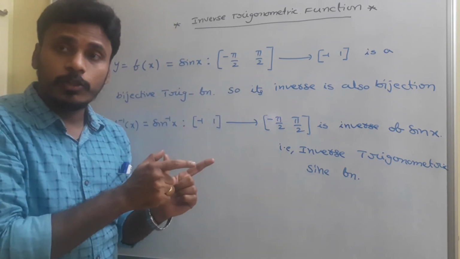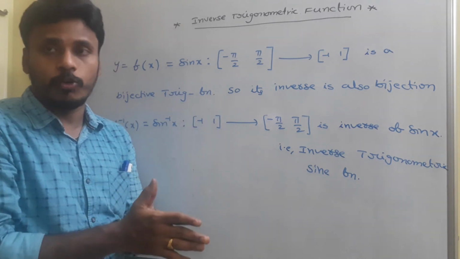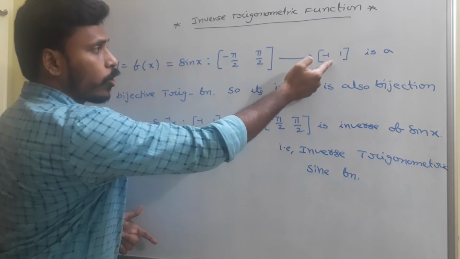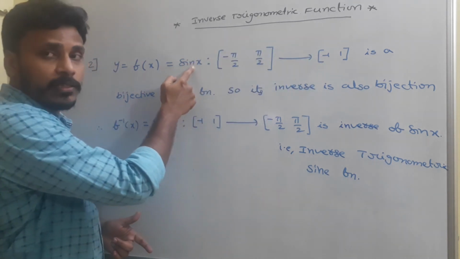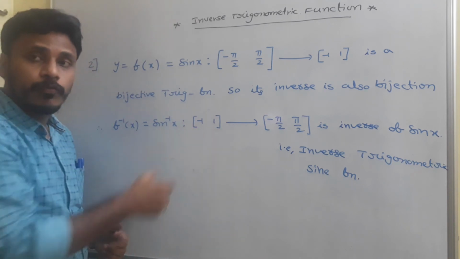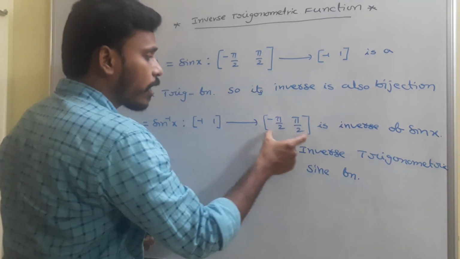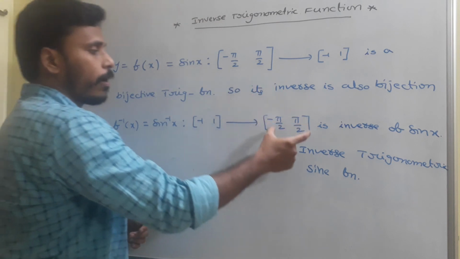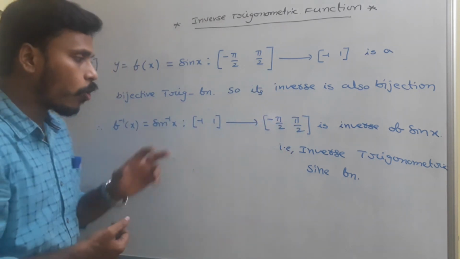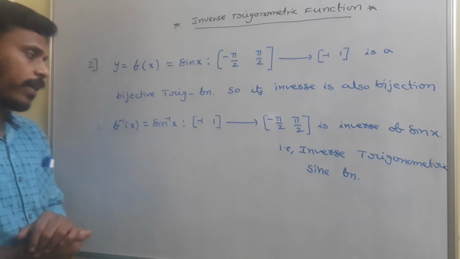Since it is a bijective function, its inverse is also a bijective function. So its inverse is simply: the codomain of the function sin x will become the domain of this inverse. So now the domain is from minus 1 to 1, whereas the codomain is minus pi by 2 to pi by 2, which is the inverse of sin x, and we call it the inverse trigonometric sine function.